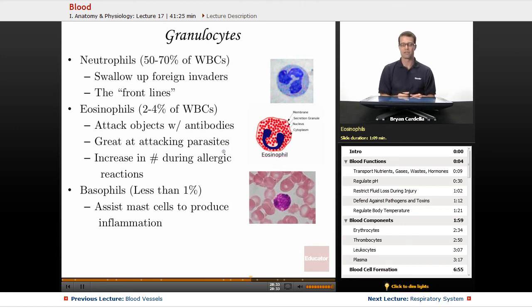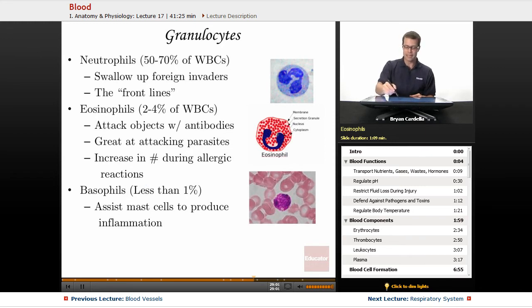If you have a parasitic infection, like a tapeworm, your eosinophil count is going to go up. They also increase in number during allergic reactions. Allergic reactions really depend on the person. They probably happen because of a combination of genetics and environment affecting an abnormal immune response, but eosinophils do play a role in that.